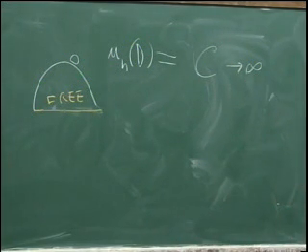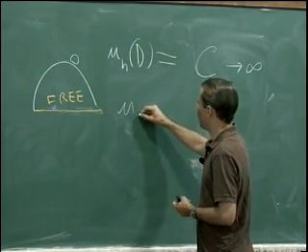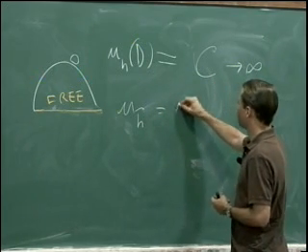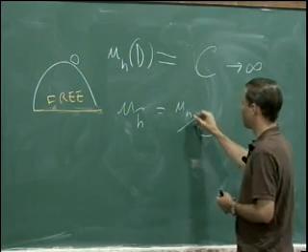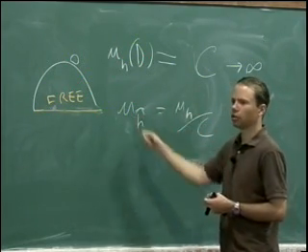Okay, so now what I want to do is take the limit as C goes to infinity. So I can normalize this measure. I'll define mu hat to be mu h divided by C. So this mu hat has total area 1.